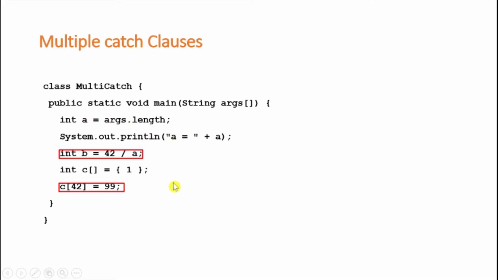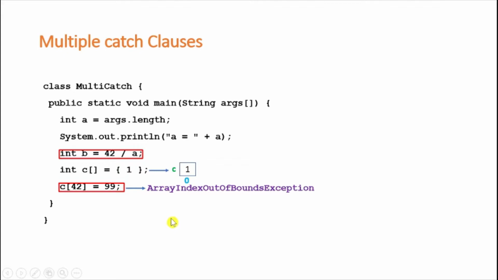And the statement c[42] = 99 will throw an exception because the array c has only one element at index 0. But we are trying to access index 42 in the array c, which is not present. Therefore, it throws ArrayIndexOutOfBoundsException.